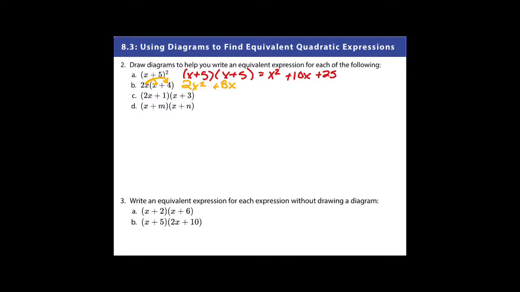Okay, the next one gives you 2x squared plus 7x plus 3. And then the last one will give you x squared plus mx plus nx plus mn, or x squared plus m plus n times x plus mn.